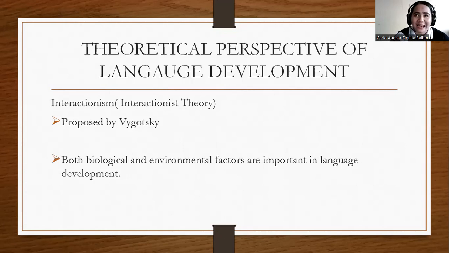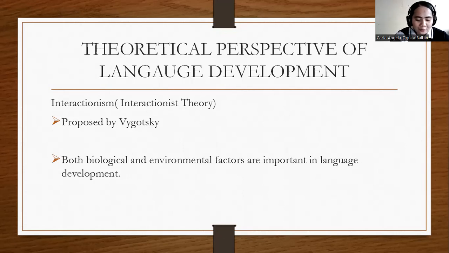So he believed, or the interactionists believed, that language acquisition occurs as a result of what we call natural interaction between the child and their environment, more specifically the parents or the caregivers. Okay.